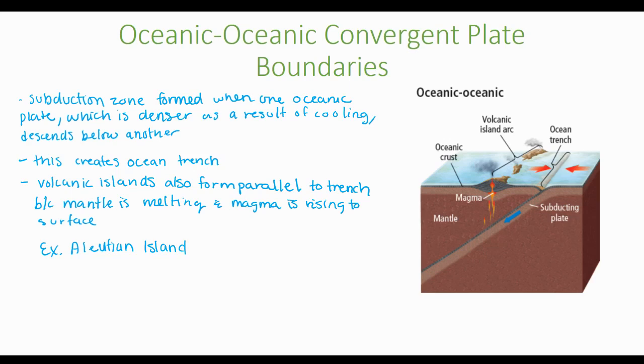So we have here two plates coming together, a convergent boundary. This one's denser, so it's subducting, and then it is going to be destroyed and melt, and that magma is going to rise and create this volcanic island arc.